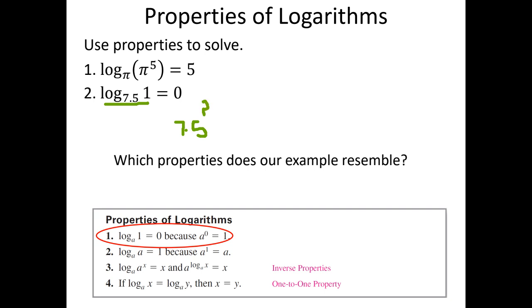I don't know what the exponent is, and then I would have my 1. So by looking at this, 7.5 raised to the 0 power would be the 1. So that's how we can get 0 here. So you don't have to memorize all these. You can just change them to exponential, and then that would help you to see the answer as well.